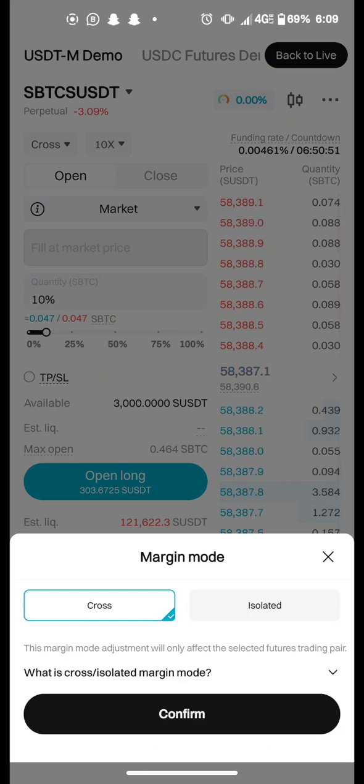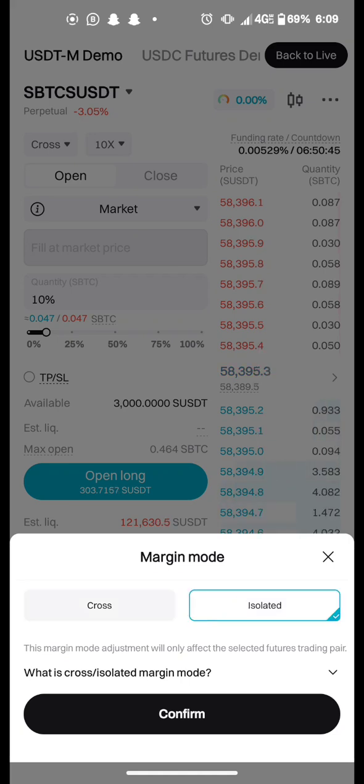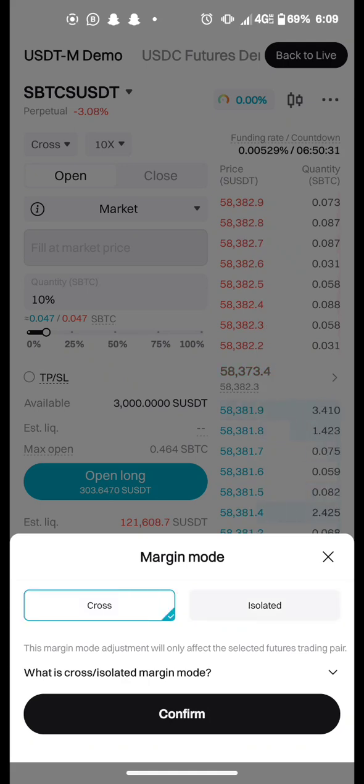There's a reason why it has its own advantage. But for isolated, the moment you lose your 10% margin to the market, it will stop the trade for you. So that's why it is called isolate. It will keep the 10% and protect the remaining 90%. But cross will cross over.